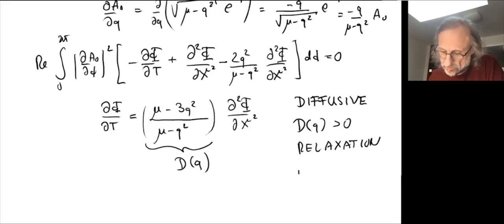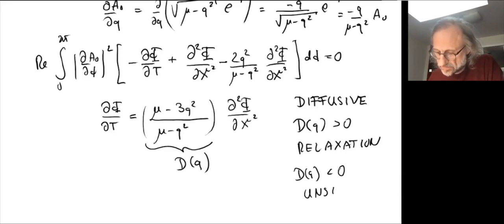Whereas if D of q was negative, something would be unstable and the gradients would not decay away. So we have to look at whether the diffusion coefficient is positive or negative, and then look at what happens when it is negative. But that's next time.